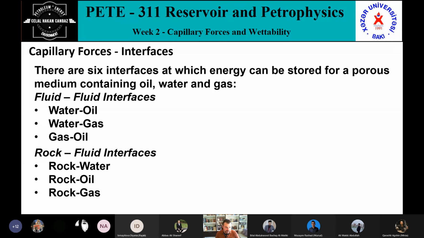Oil, water, and gas. So each of them has an interaction with another one. According to certain pressure and temperature, some of them can be miscible, some of them can be soluble inside the other one. For example, if you arrange the pressure and temperature, what will happen? Some part of the gas phase can pass to oil phase, or a soluble gas which is already inside the oil phase can pass to gas phase.